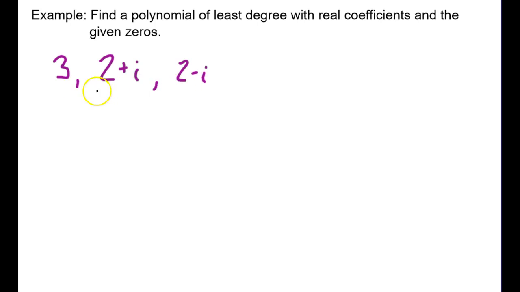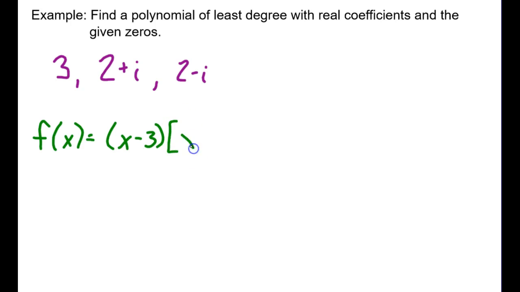Now we need to take each of these and write them in factored form. So we have f of x equals, if 3 is a zero to this polynomial, that means x minus 3 must be a factor. If 2 plus i is a zero, that means x minus that quantity of 2 plus i must also be a factor.